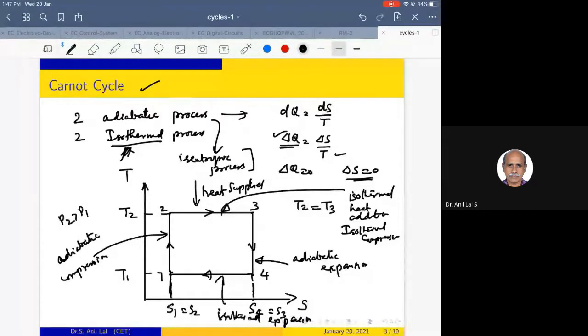Now let us look at the efficiency of a Carnot cycle.